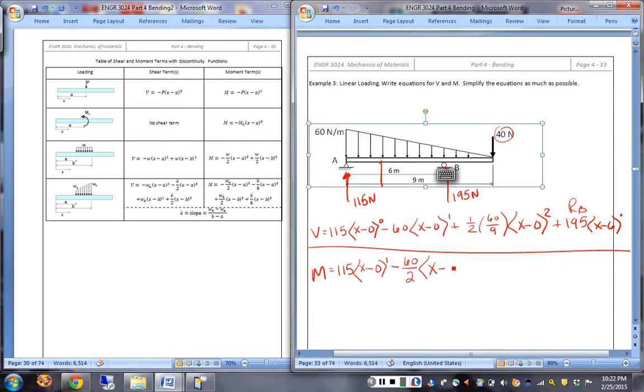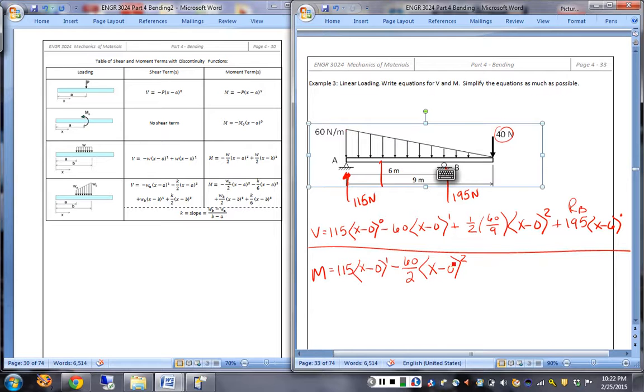X minus A equals 0, and that term is squared. Then we have the minus k over 6 x minus A term.